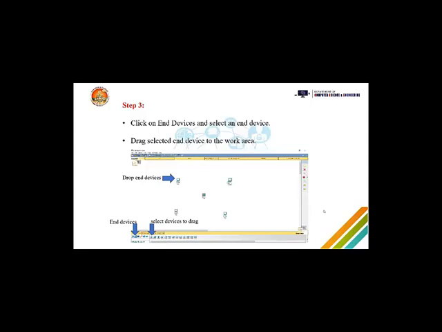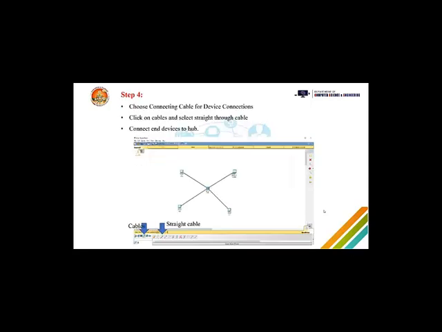Next, you need to connect these end devices with the central controller. Here, in order to do this task, we need to select the cables. So, you just click on this cables icon. Once you click on this cables icon, it displays the different types of cables available to us. Then you just click on this straight through cable because here the end device and the central controller are two different devices.